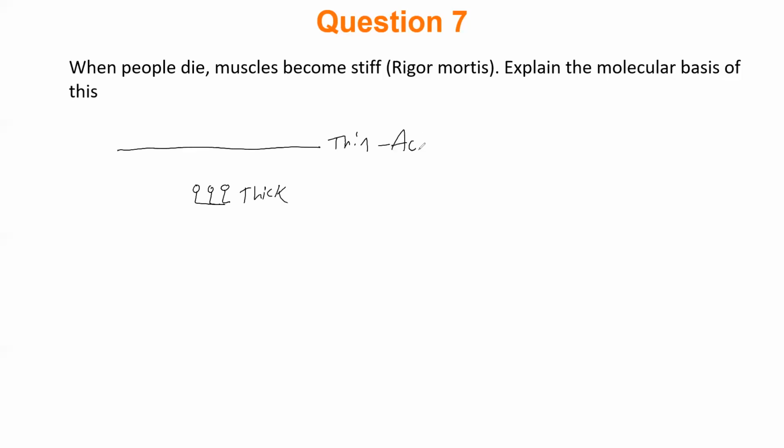So actin, myosin, tropomyosin. Tropomyosin wraps around actin, so that's tropomyosin. And on this, you have troponin.